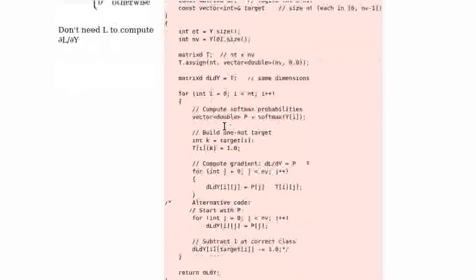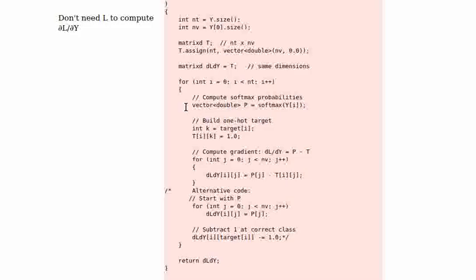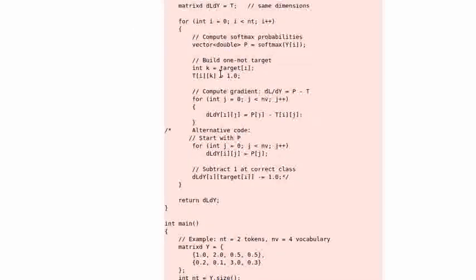And we compute the softmax probabilities. We discussed this before, softmax. We discussed that in the video about the multilayer perceptron. And now this is the one-hot target building. So k equals target i, and this T_ik will be 1.